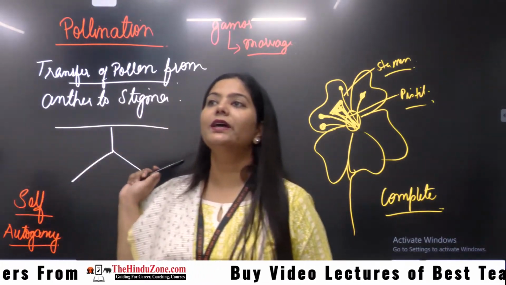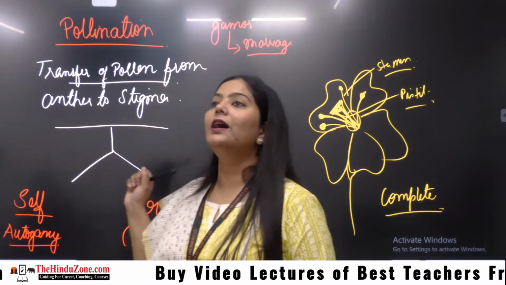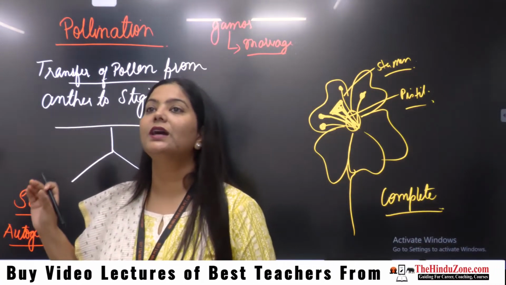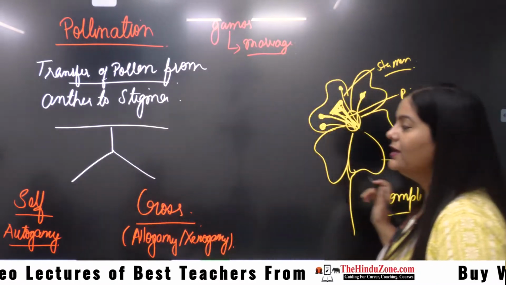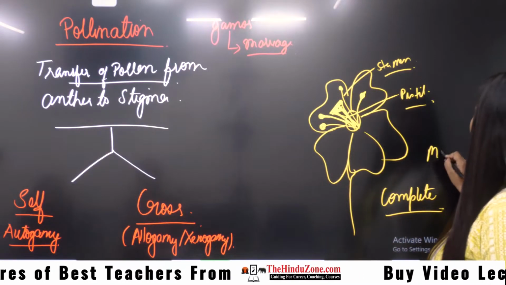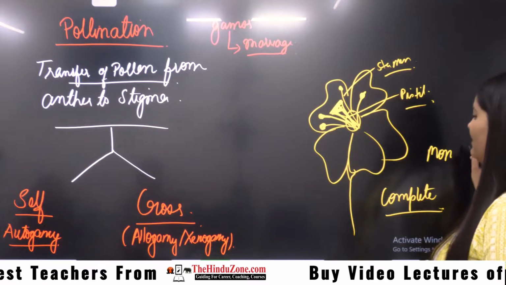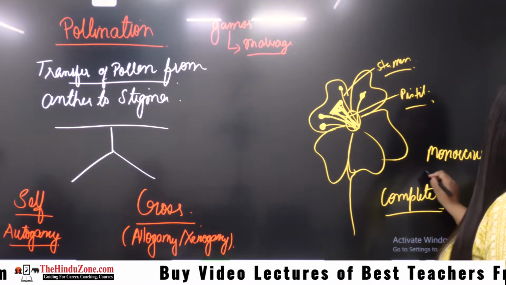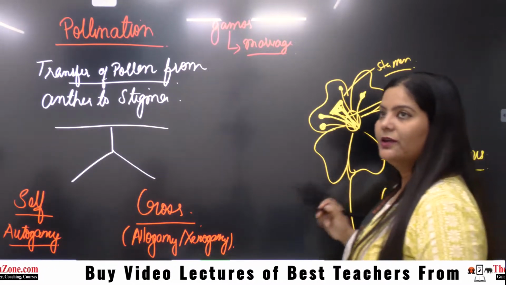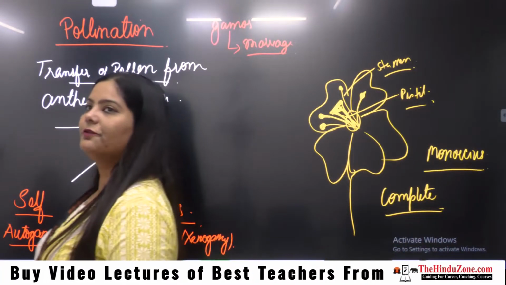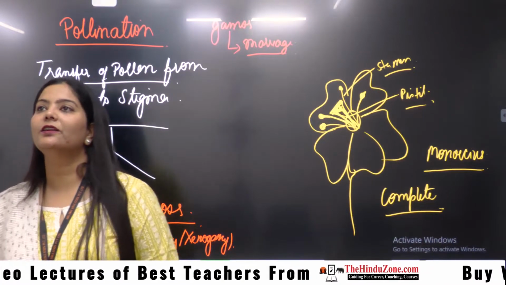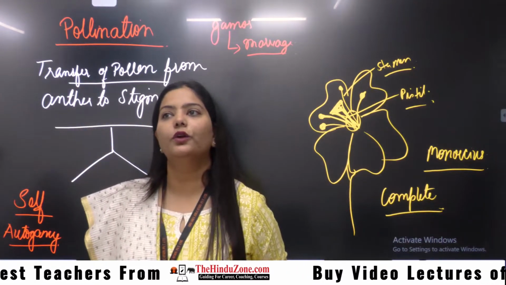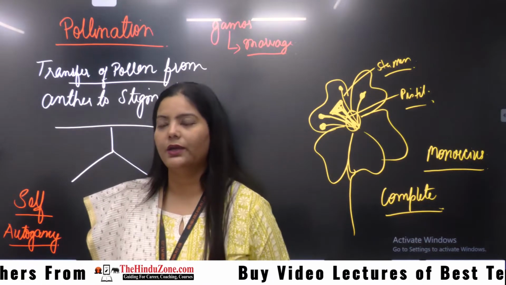So only this type of complete flower, a flower which has both of its sexual whorls, that is a monoecious flower, can go for this autogamy. Is that clear? Yes. When both of the reproductive whorls, that is the male and the female parts, are here, then technically it can go for this autogamy. Okay?